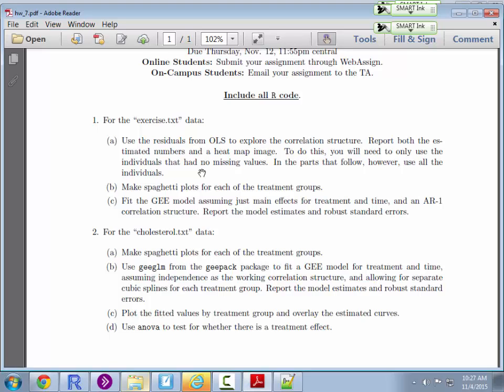In usual IID regression, if you go back to before the correlated data material, we said there was a constant variance, sigma squared, that applied to every individual. And in order to do inference, to get standard errors, we had to estimate that little sigma squared because the variance of beta hat was sigma squared times (X transpose X) inverse.